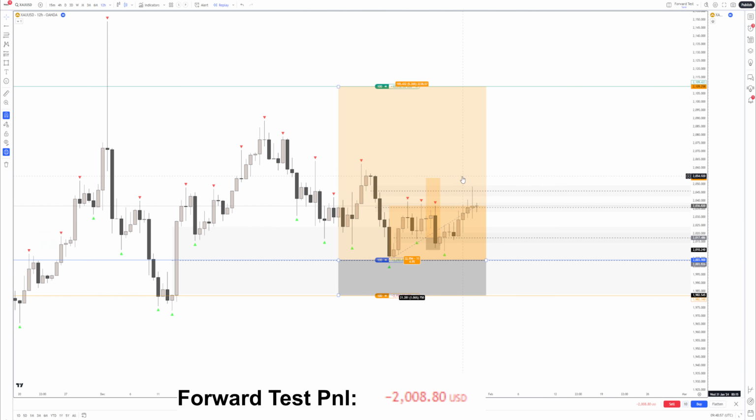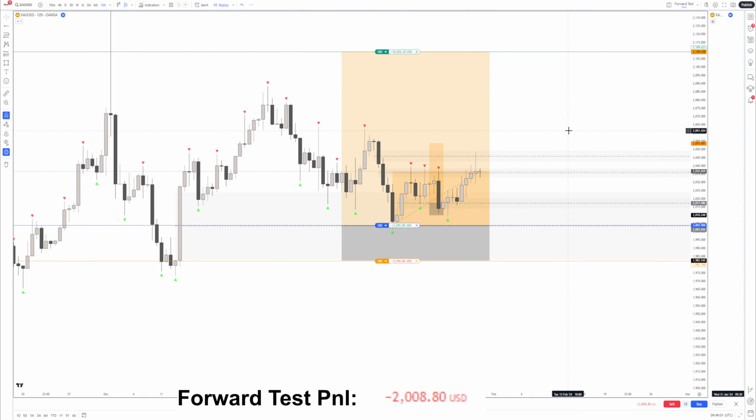Okay, we have got another reaction from this fair value gap here. So at this point, a lot of you guys may have looked at this and thought to yourself, well, why don't we take a short position there? And that could potentially have worked out if you put your stop loss above that candle high, which is in between the fair value gap, and then you aimed for a 5-to-1, which is about there.